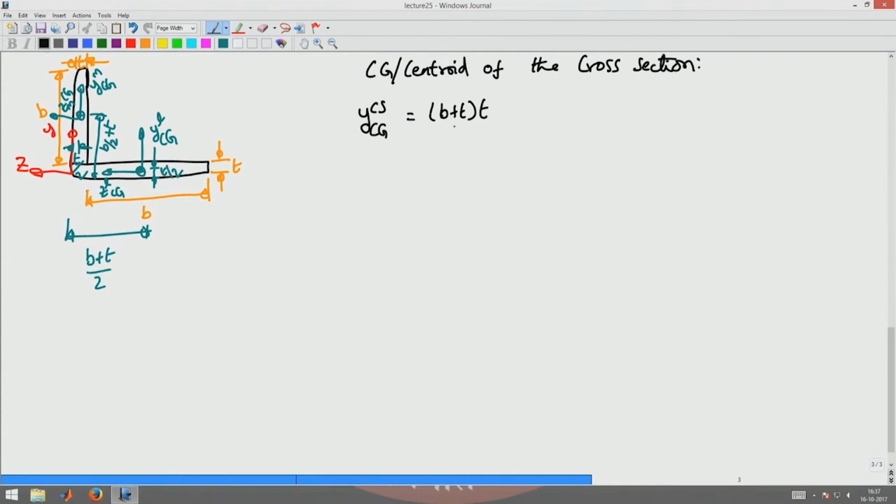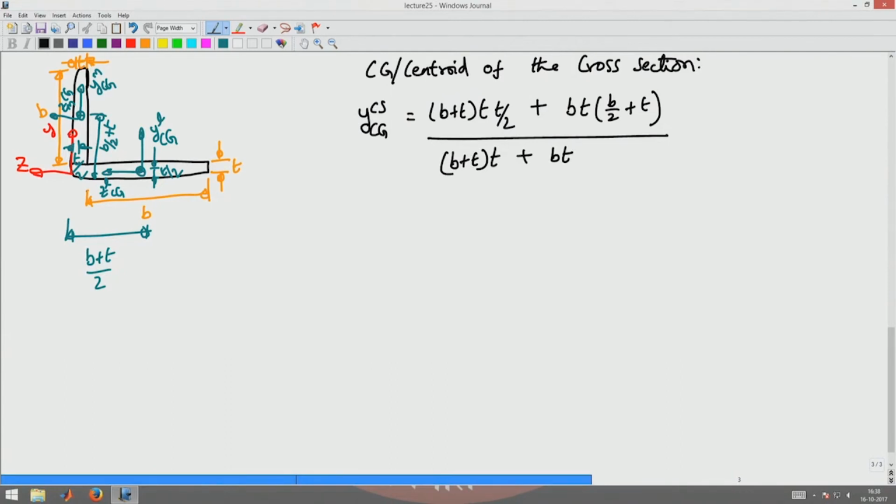So, YCG would be the area of the leg, B plus T into T, into the y distance, which will be T by 2, plus the area of the web, that will be B into T, into the y distance from the origin, the cornermost point, to the center of the web, which will be B by 2 plus T. We have accounted for two areas, and hence divide by the total area of the cross section, which will be B plus T into T plus B into T.